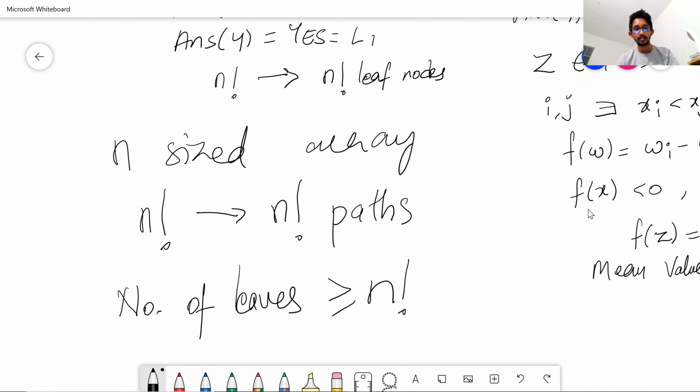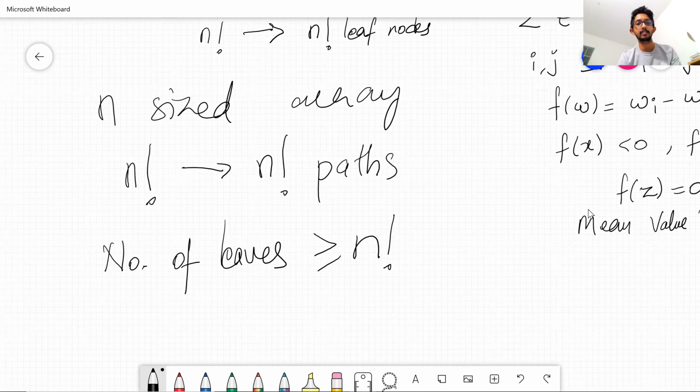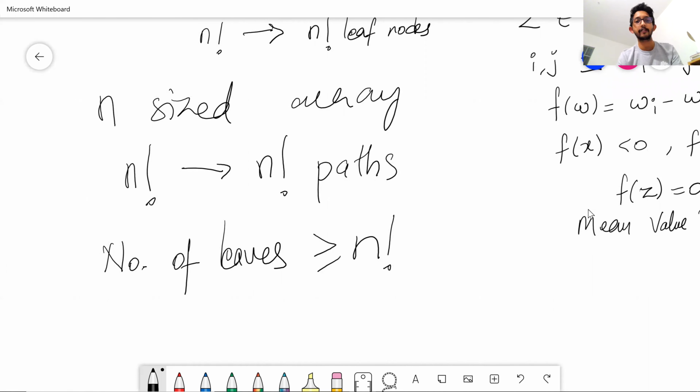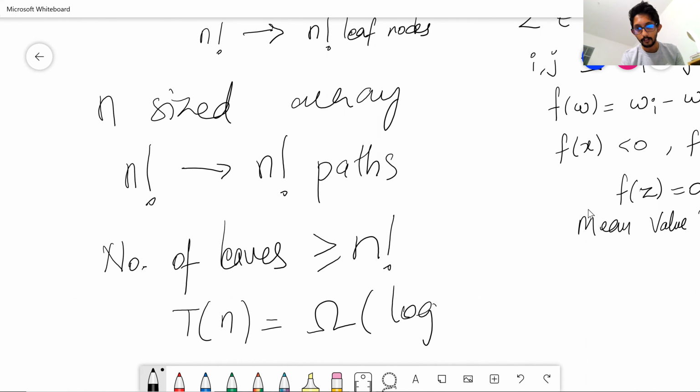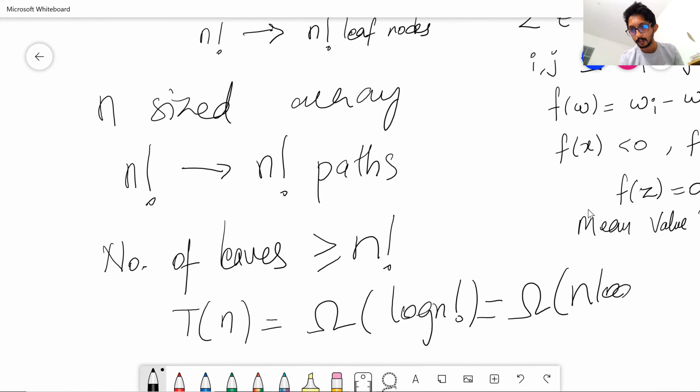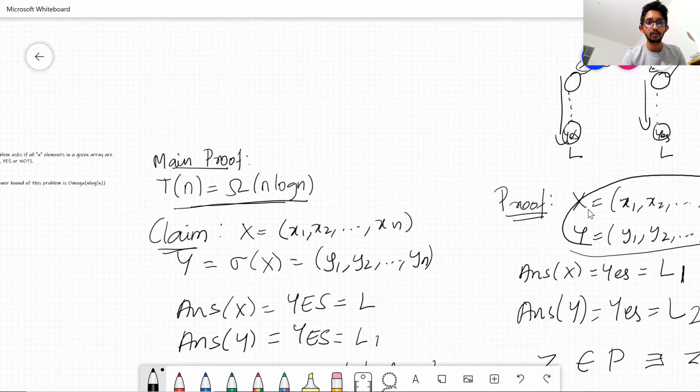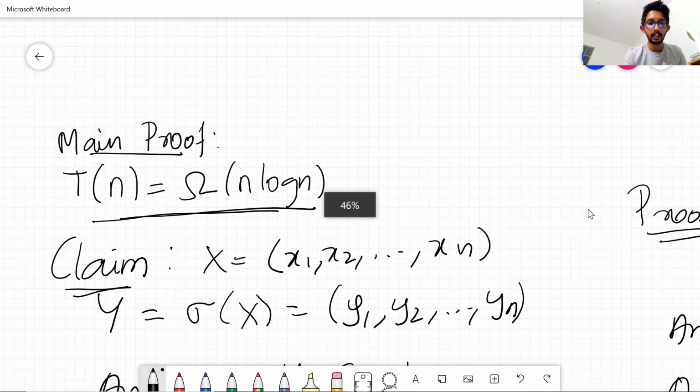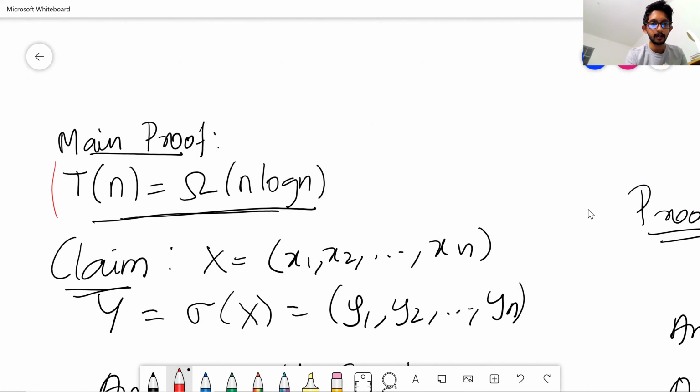There might be no cases, but let's just consider yes cases. So the number of leaves should be n factorial, and hence the time complexity should be omega of log of n factorial, which is nothing but big omega of n log n. And this proves our main proof that T of n is big omega of n log n.